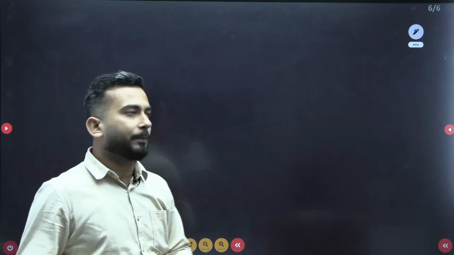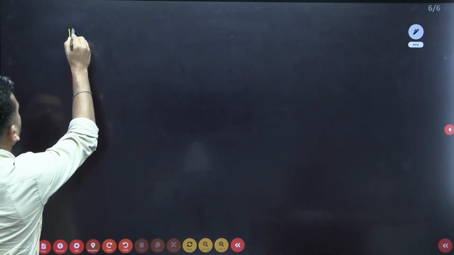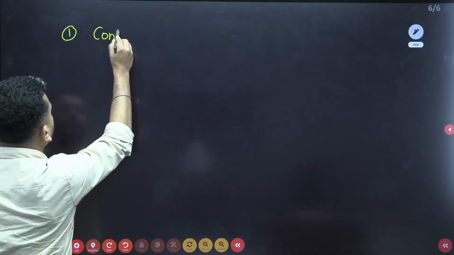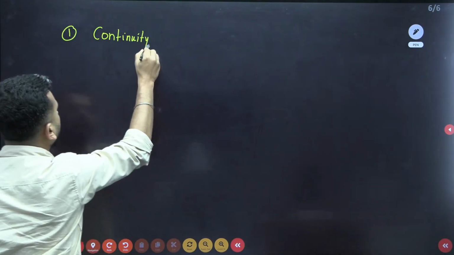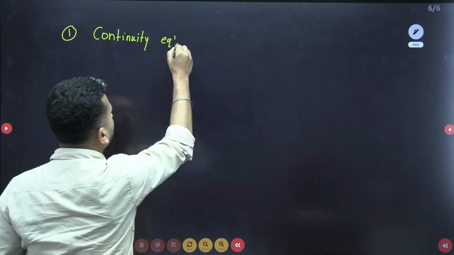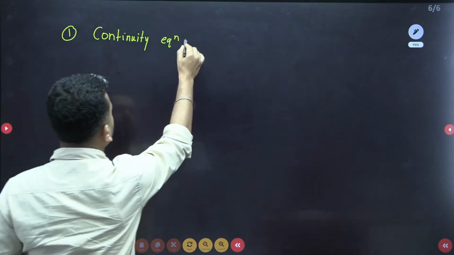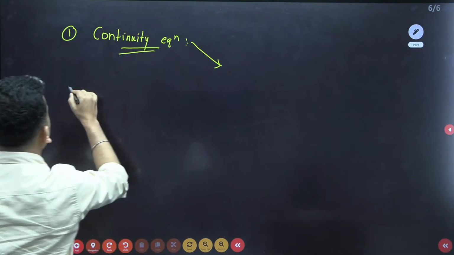What is the method? The first equation that helps us is the mass conservation equation or the continuity equation, del u by del x plus del v by del y equal to 0. That will give us one equation.